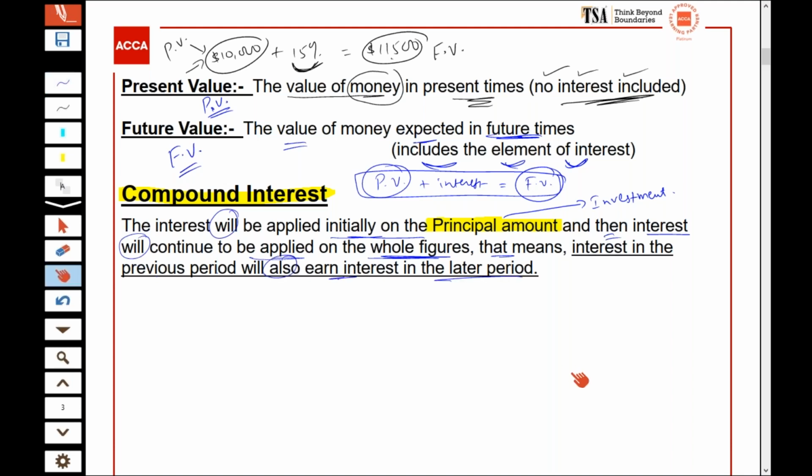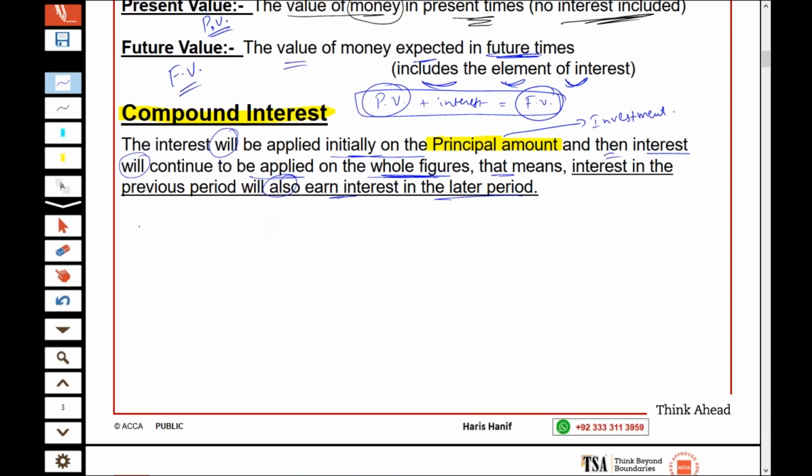Now, what will be happening? I'm giving you a very short example, and I would appreciate it if you copy this. Assume that I have an investment of simply $1,000 and my interest is 10% per annum.